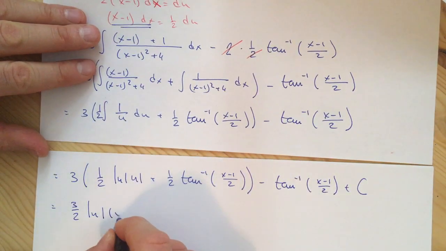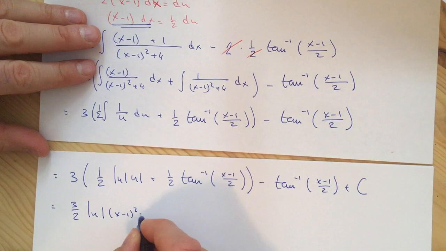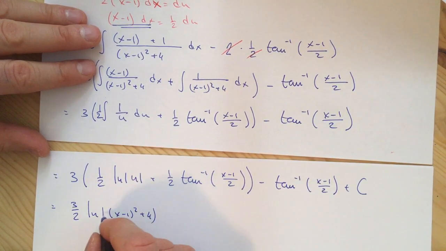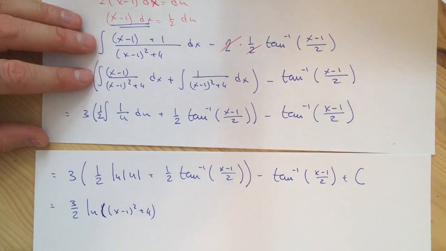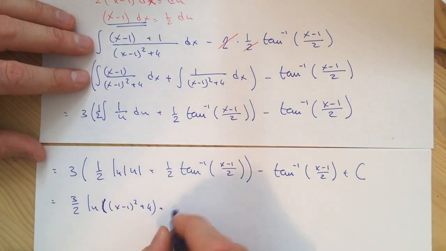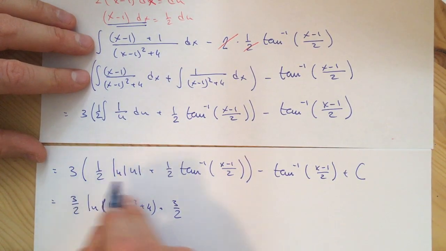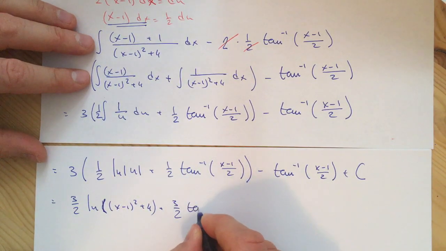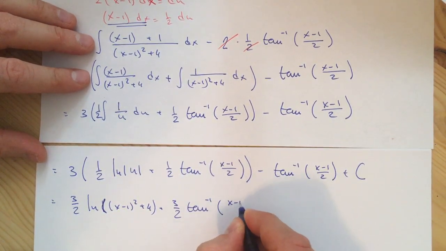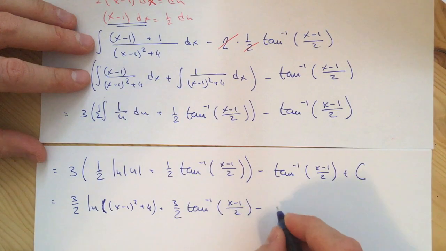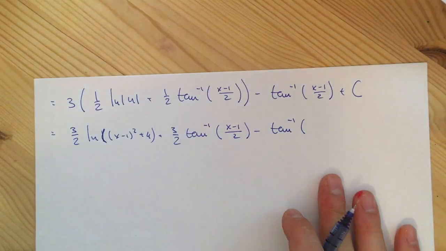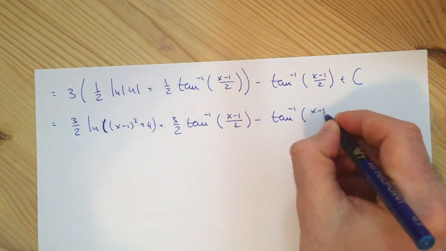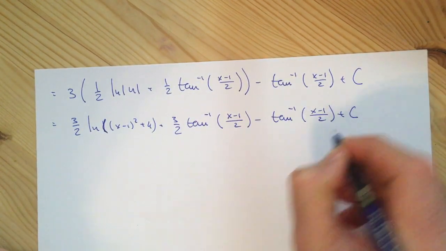X minus 1 squared plus 4, plus 3 over 2, 3 times 1 half, 3 over 2, arctangent of x minus 1 over 2 minus arctangent of x minus 1 over 2 plus c.